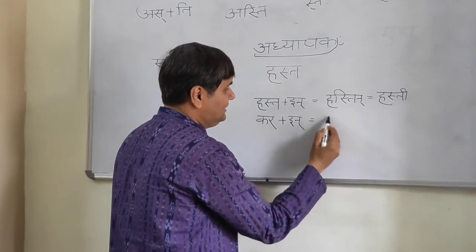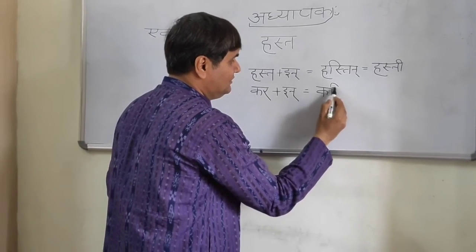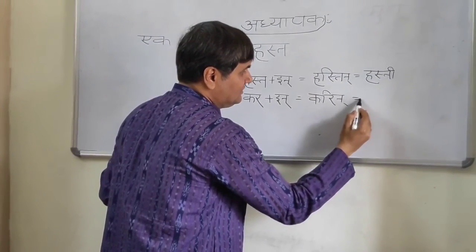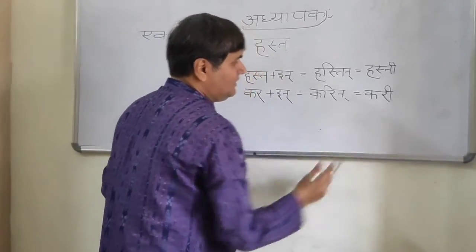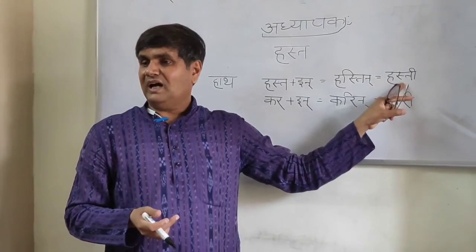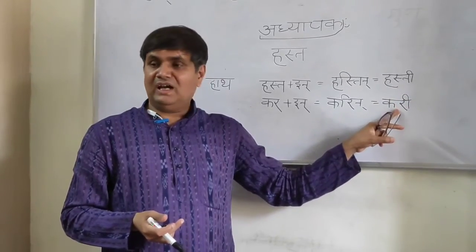In the same way, you make the base word out of these things, and kari. So kari, hasti means one who has hand.